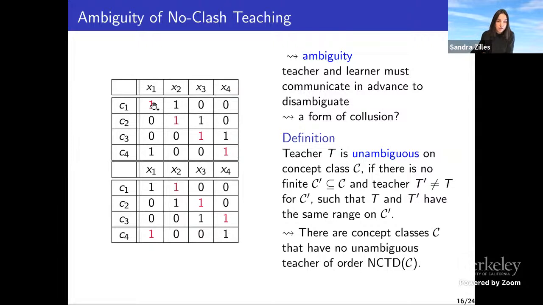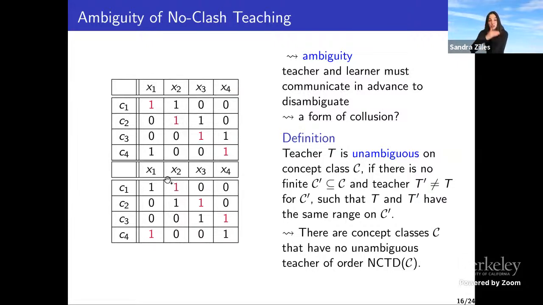You see, there are 2 concepts that are consistent with this, C1 and C4, with this notion that X1 is 1. There are 2 that are consistent, but C4 has as teaching set X4 is 1, so it's inconsistent with C1, and therefore there is no clash here. So you can choose these teaching sets and not have a clash, but you can also take the second positive example for each concept and also not have a clash. It's the same thing.